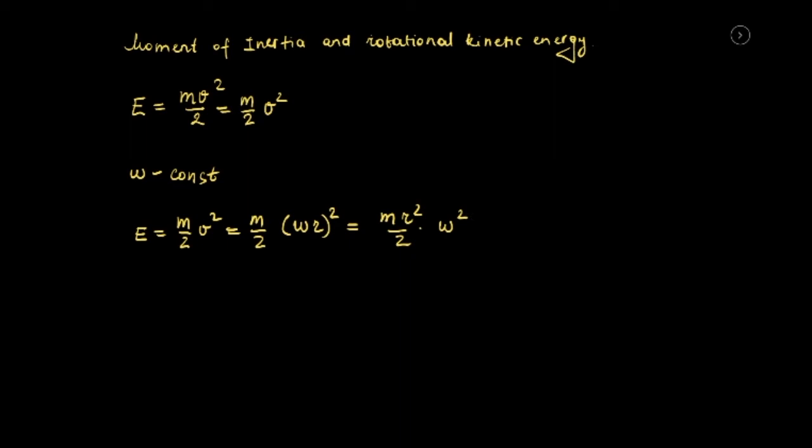Each small piece has its own velocity, so let's put an index on each quantity to denote that mi is the mass of one of the small pieces of the rigid body, and similarly ri and omega i. This is the i-th particle.